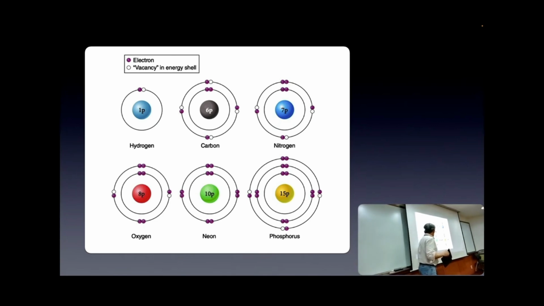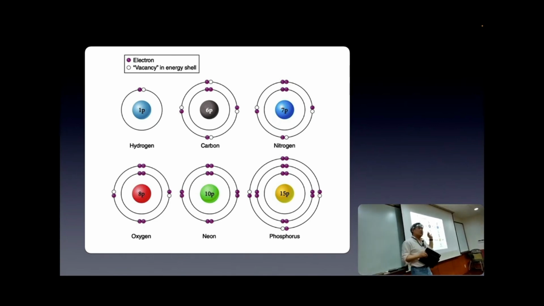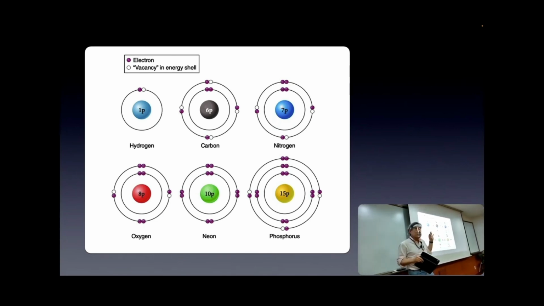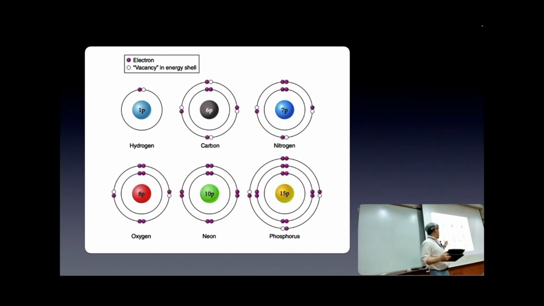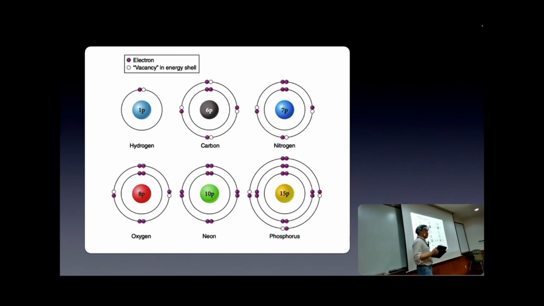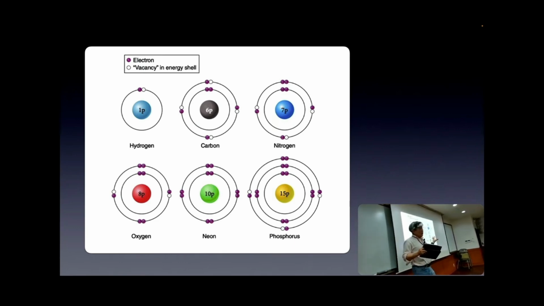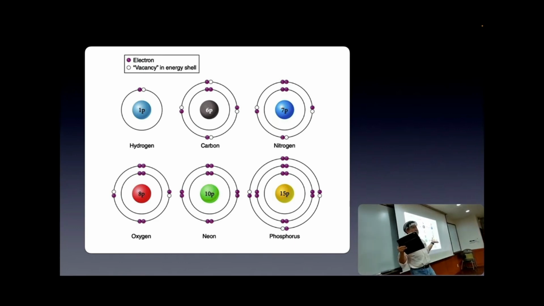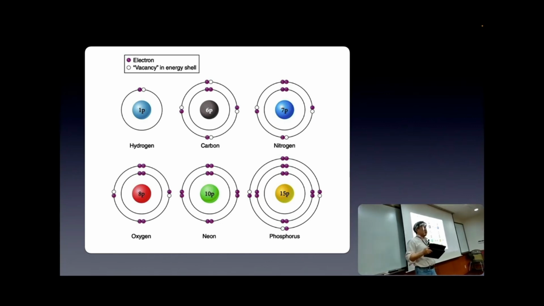However, it lacks 2 electrons. So it will do whatever it takes to obtain 2 additional electrons so that oxygen can also reach such a status of stability. Then oxygen doesn't have to worry about being involved in any further chemical reaction. That's everybody's ultimate goal.